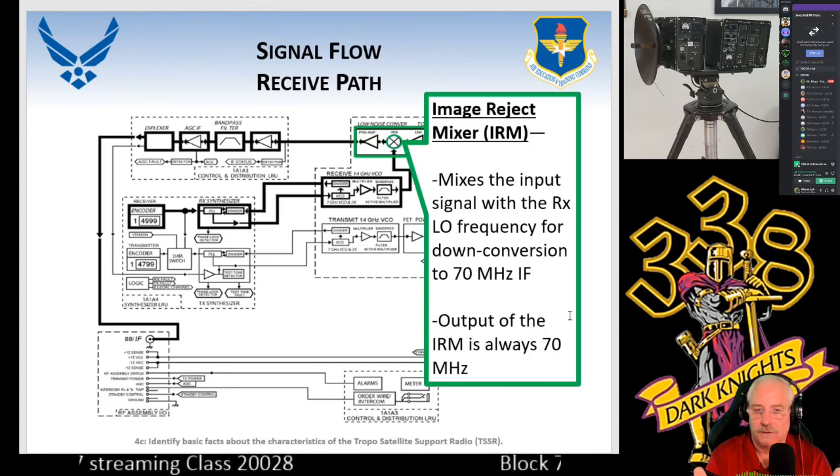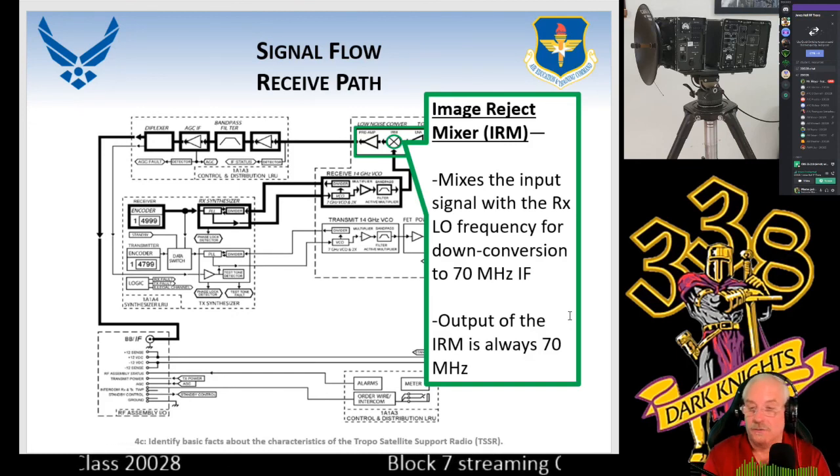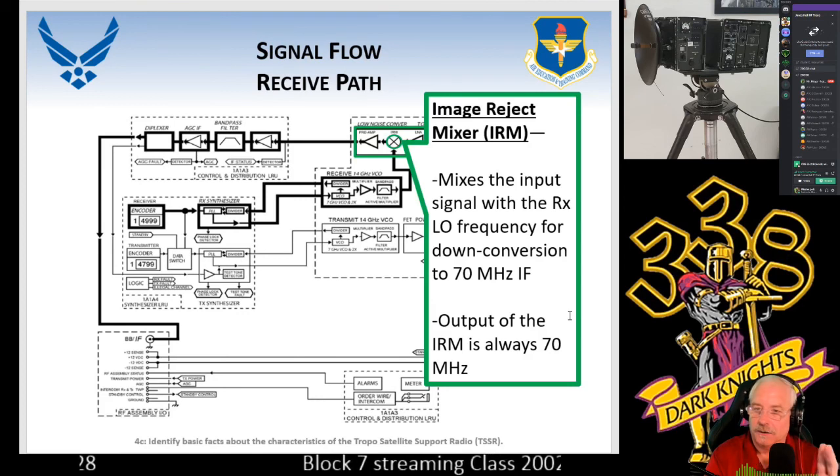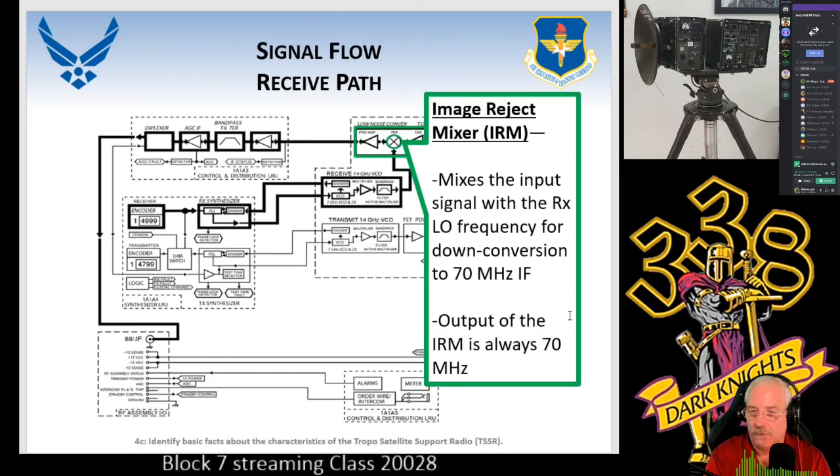So when you look at this image reject mixer, the word heterodyne comes into play because it is a receive function. Modulation is transmit, heterodyning is receive. With heterodyning, the actual saying should be with 2 input frequencies, you should get 4 out, which should be the 2 originals. You're going to have the upper sideband and a lower sideband, summing the difference. Well, in our case, let's just take 15 gigahertz.